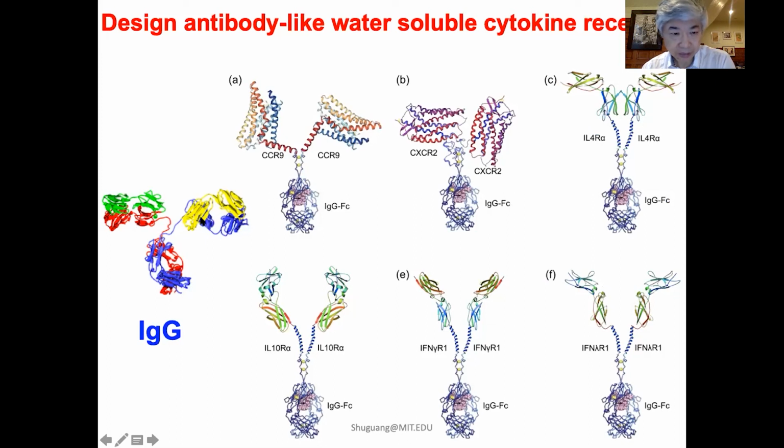Instead of the antibody's FAB domain, we put the receptor onto the FC domain. We keep the FC domain intact, and the FAB domain is replaced by the receptor. This is one example, and there are different receptors that all follow this design. Now the receptor becomes water soluble, and then it can actually become a therapeutic agent.